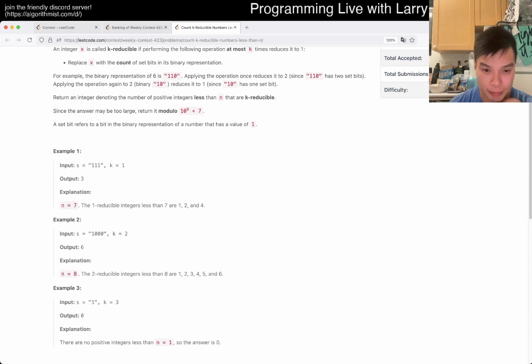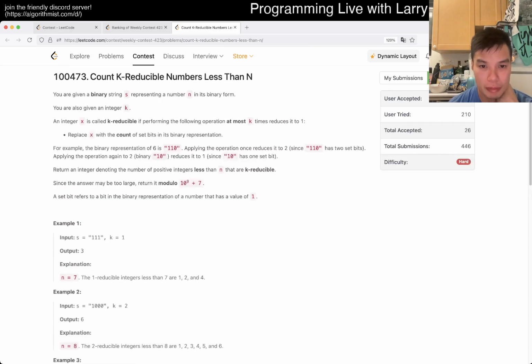Okay, so still trying to think about how to think about it. It is the number of numbers with bits starting after.